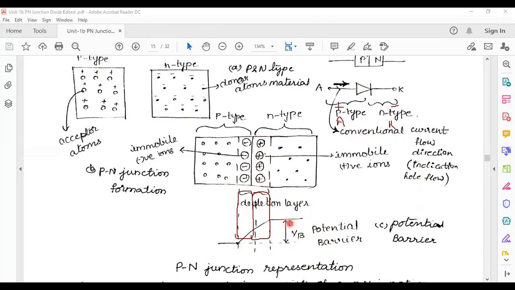This potential barrier is obtained from these two potentials, the positive and negative potential. Some electric potential is created. I can treat this as the barrier potential, and I can denote this barrier potential as VB. This is the indication of the barrier potential.